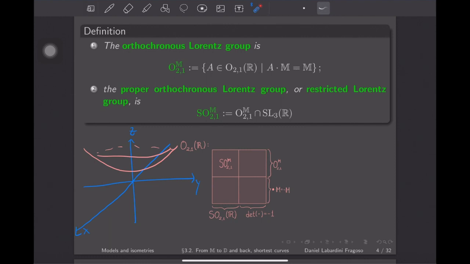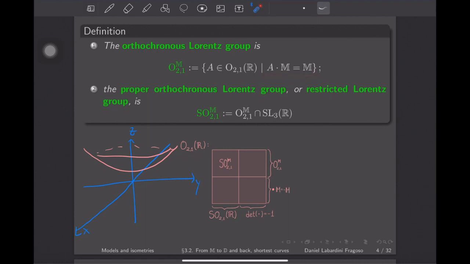Reflecting through the plane xz clearly maps the upper sheet onto itself. And then you have to check that it really preserves the whole Minkowski form, and so on. But what I'm saying is that this is an explicit example of a matrix that preserves but doesn't have determinant 1.